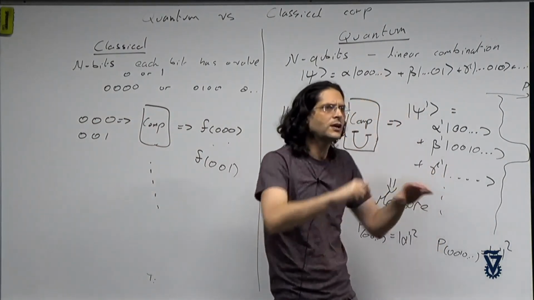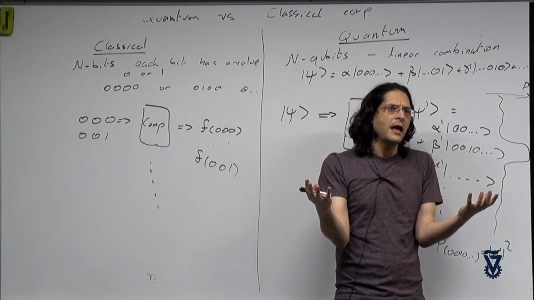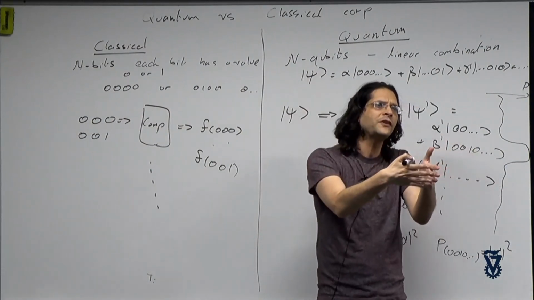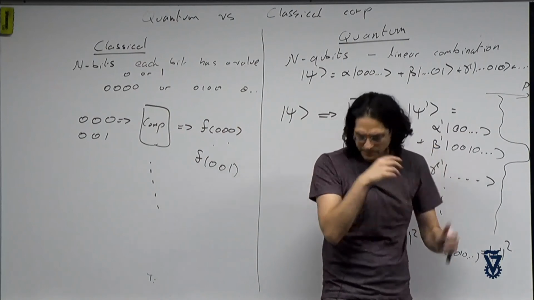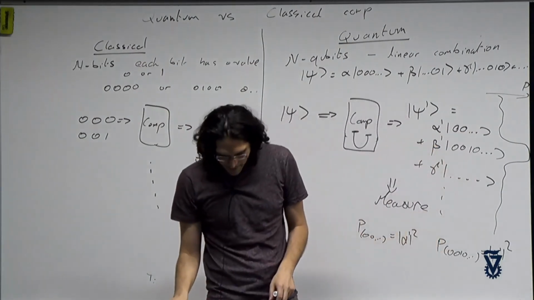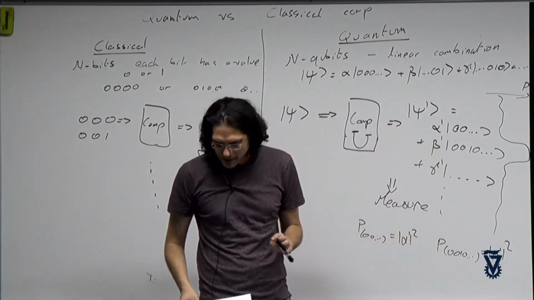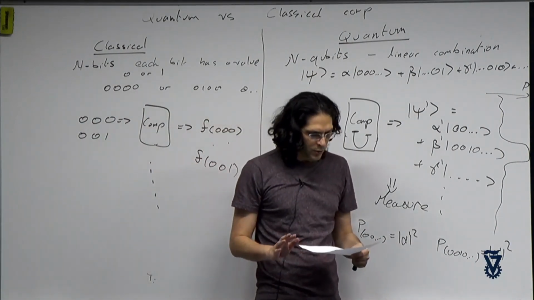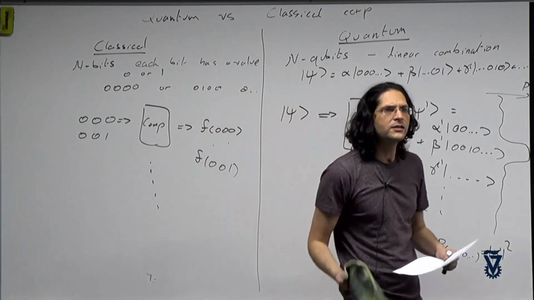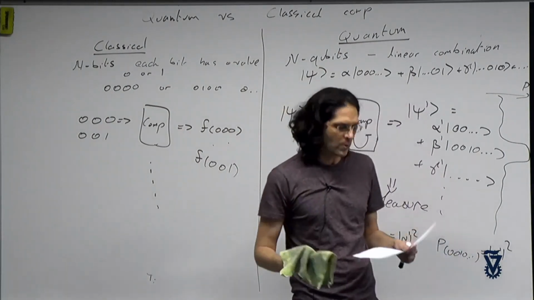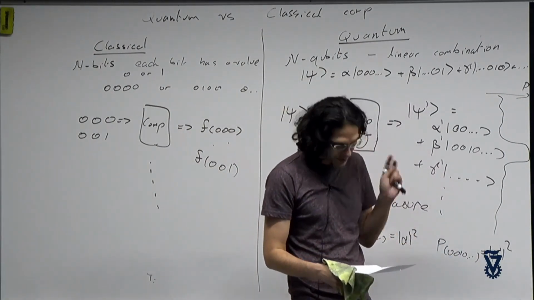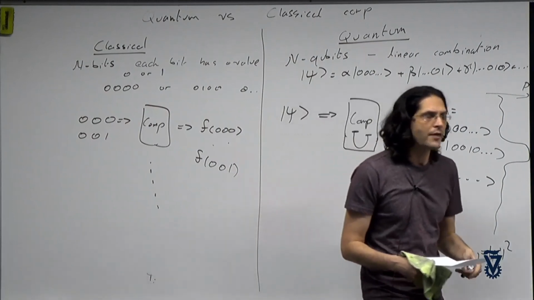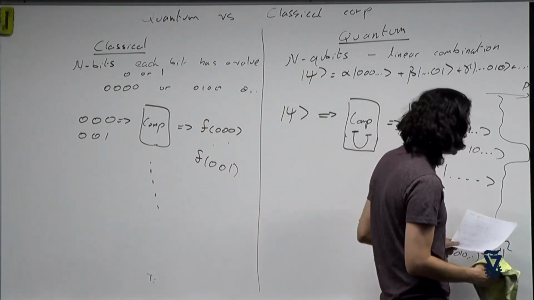In the quantum case, you can take collective information, and then the hard part is to somehow interfere it into going into one result. Okay, so now let's be explicit about this and do Deutsch's algorithm. Okay, so this is basically the simplest example that I know of that shows such a thing.